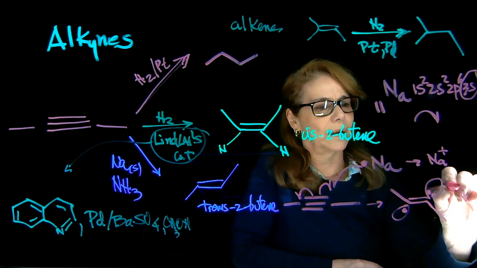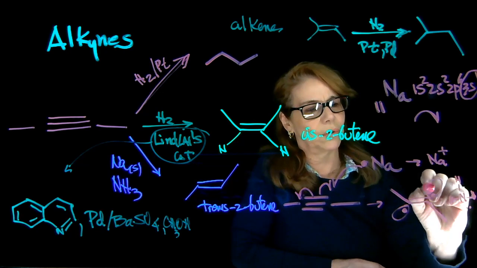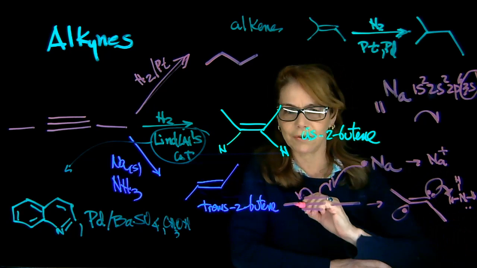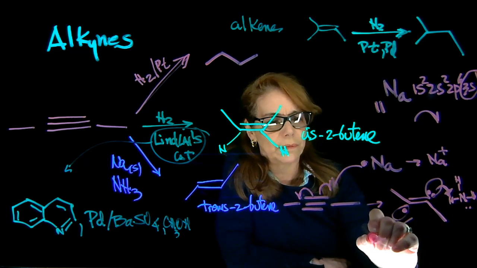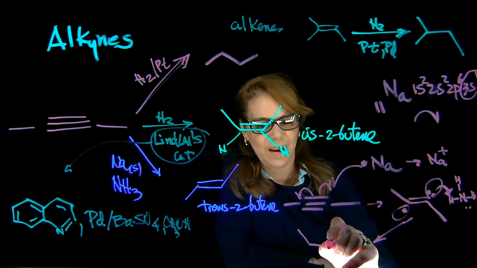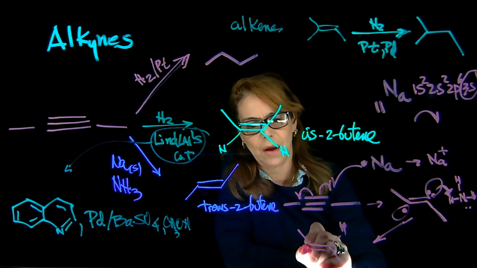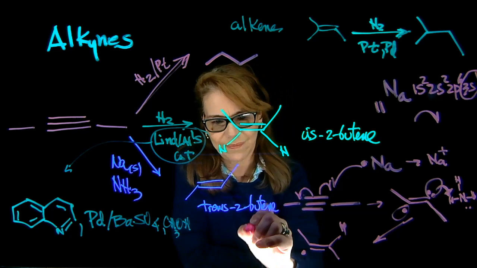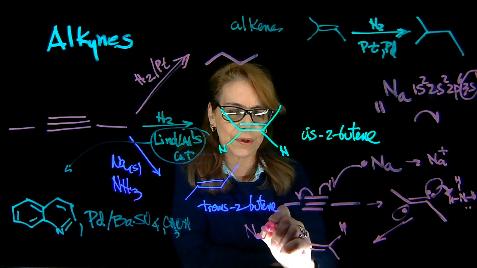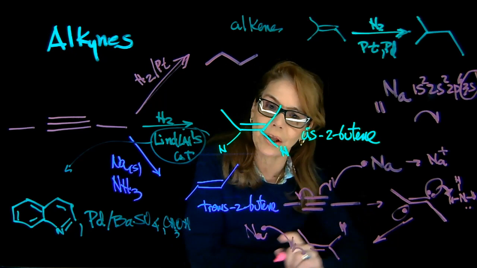So you will have ammonia. Let's throw 3 of these. Plus, so acid-base reaction, proton transfer. This time, I'll use the other arrow. And the product of that will be a radical. Now I have added a hydrogen, and I will have a metal here, and I still have a radical. What happens next is another atom of sodium will transfer 1 electron over here, and you will create another anion, and then another proton transfer.